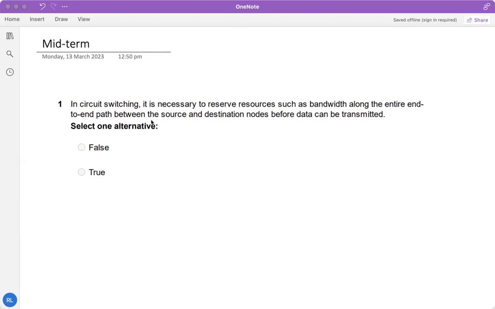Yeah, I see the correct answer in the chat. It's false. So in this question, we need to figure out what is the difference between circuit switching and packet switching, and we will have a look at it later.